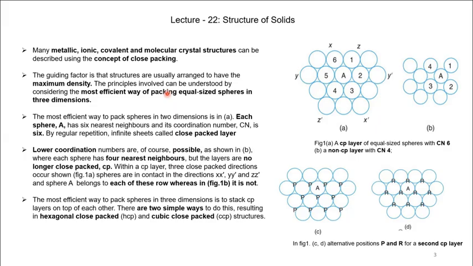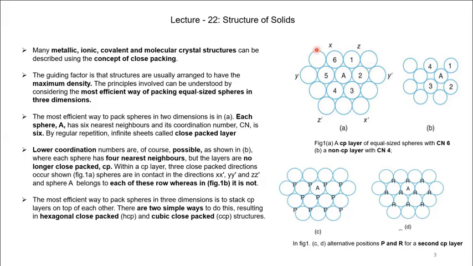We have to have close packing so that a sphere is touched by its surrounding spheres. That is the main concept of close packing, that we should not have voids. We should see that all spheres are touched by their surrounding spheres.